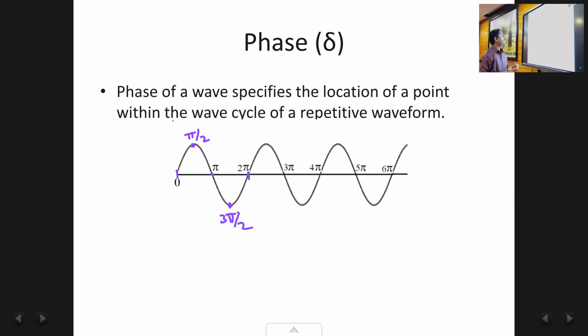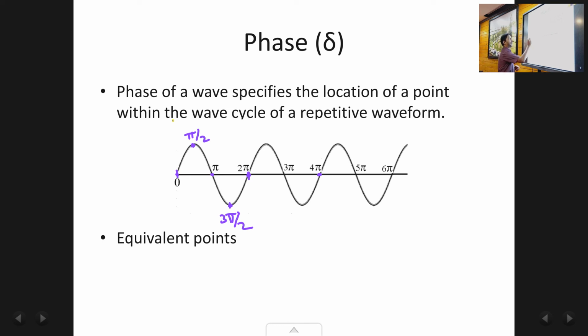Now, before we move forward, there's another important concept with respect to phase, something called equivalent points. What is meant by equivalent points? If you see this point on the wave, that is 0 phase, and similarly this point on the wave, that is 2 pi, all are in the same position with respect to the wave.